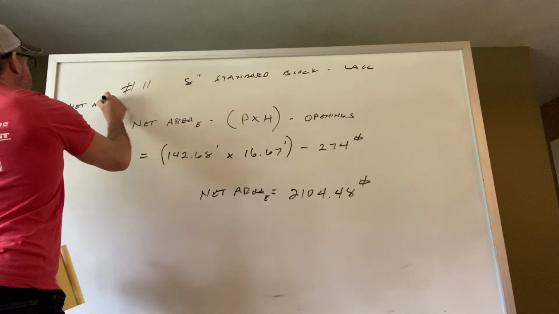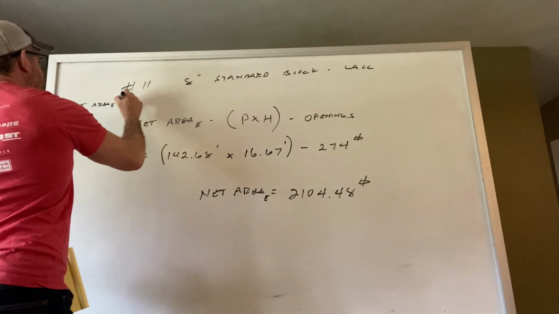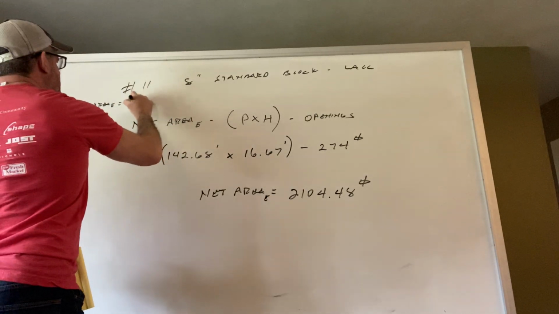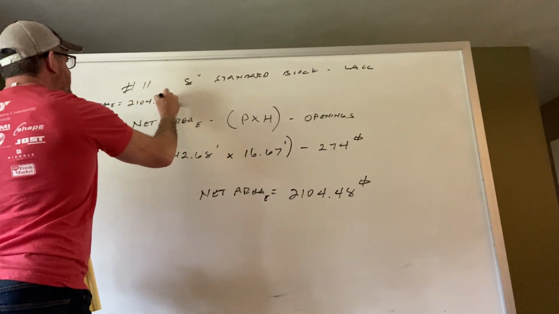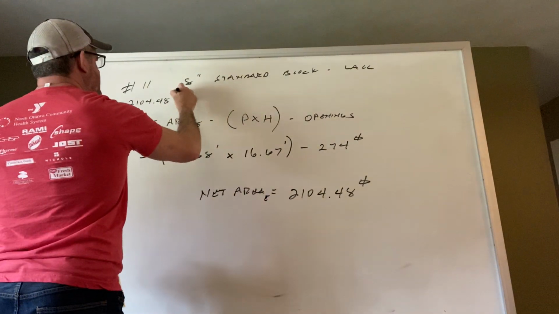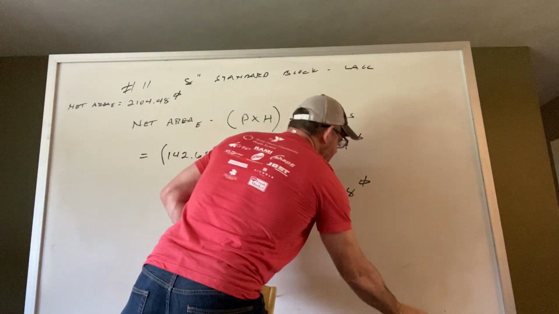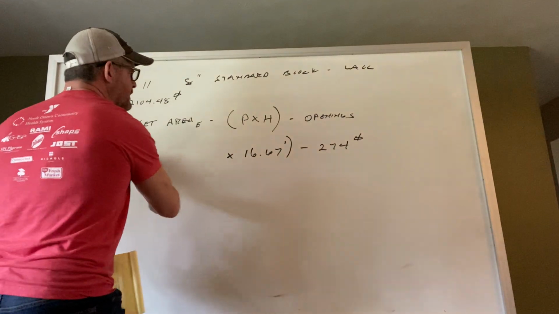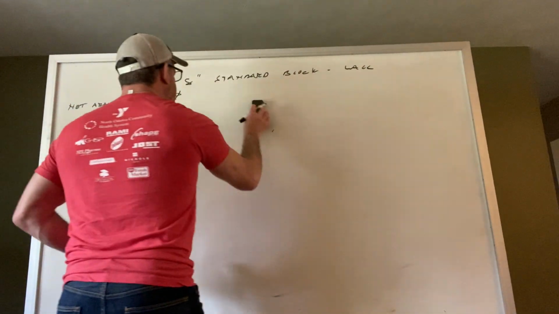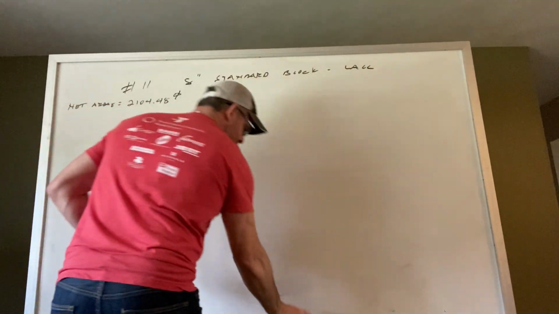Net area exterior equals 2104.48 square feet. Okay, so now let's go to our net area interior.